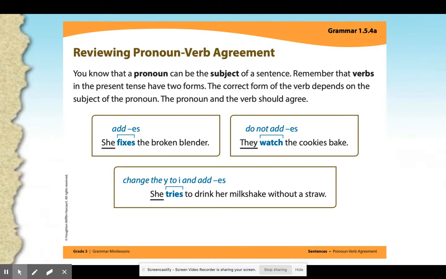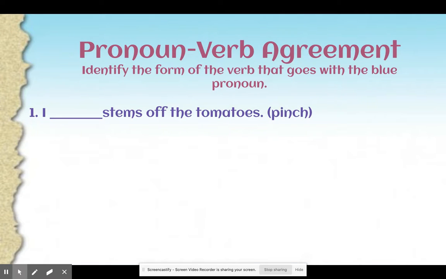It has more than one person, and so we do not add es. The third sentence, she tries to drink her milkshake without a straw. She is the pronoun, and try is the verb. So we have to change the Y to I and add es because she is a singular pronoun.